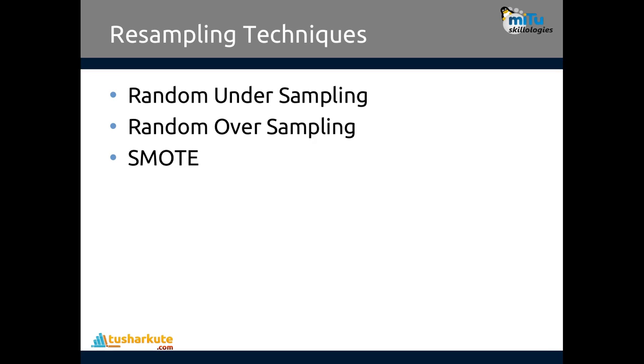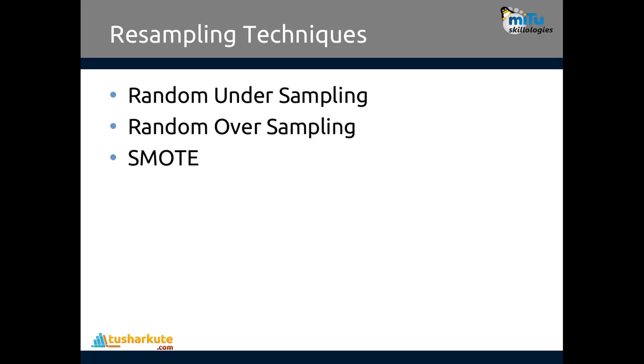There are three methods which we apply in resampling. The first method is called random undersampling. The second is random oversampling, and the third is an algorithm called SMOTE. Now these techniques can be applied and used correctly in machine learning algorithms.